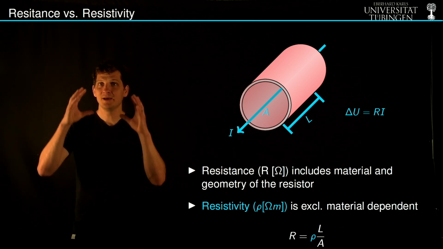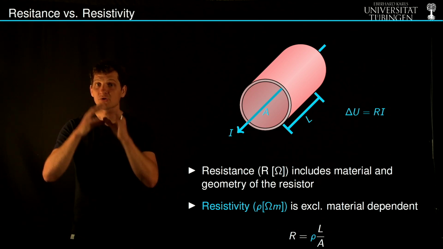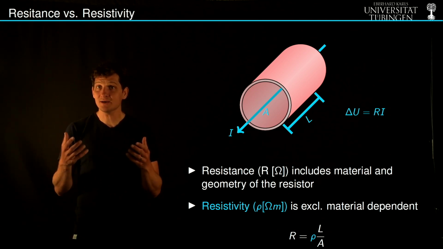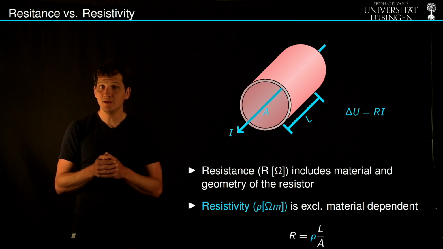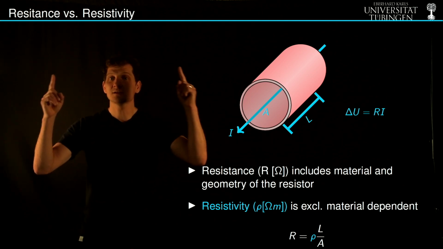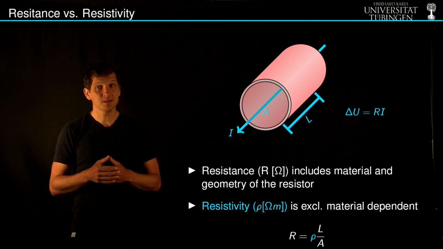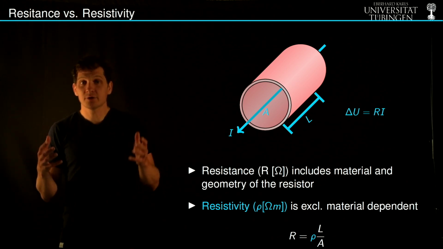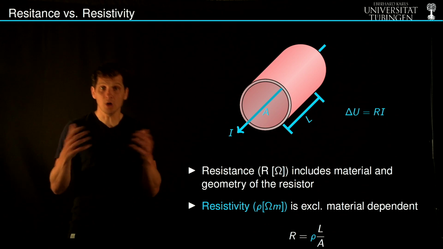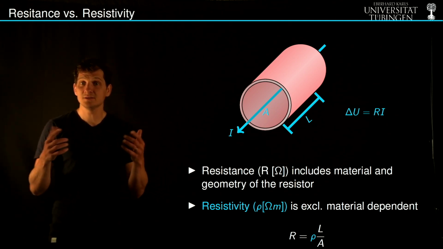If the cable has a smaller cross-section A, it will conduct the electrical currents less well. And also, if the cable is longer, the overall resistance will be higher. Last but not least, some materials conduct currents better than others. For example, copper is a very good conductor and silicon is not.